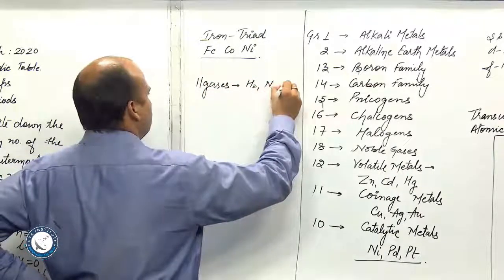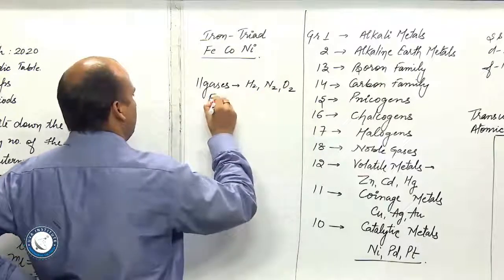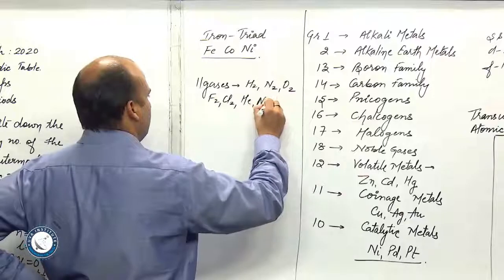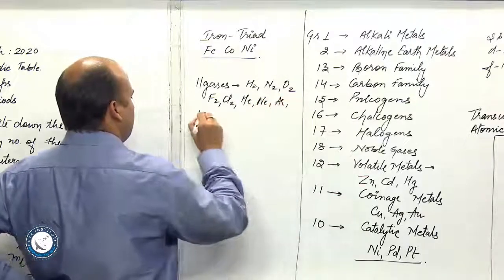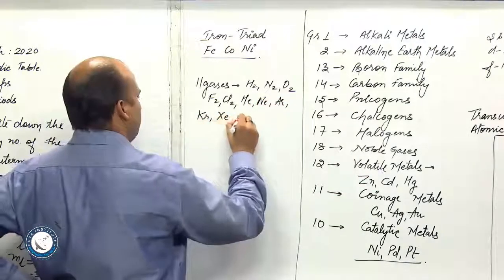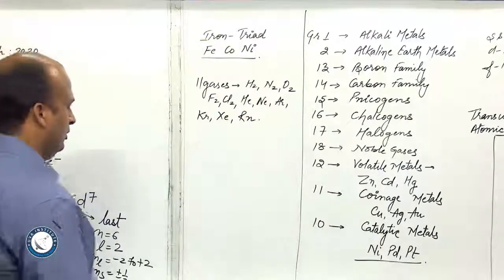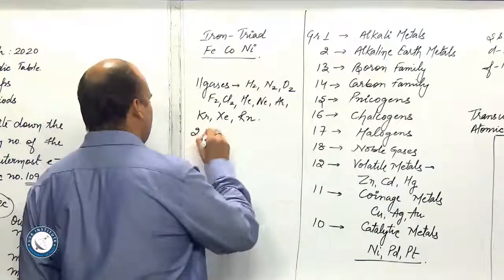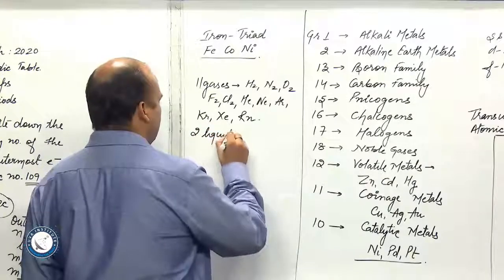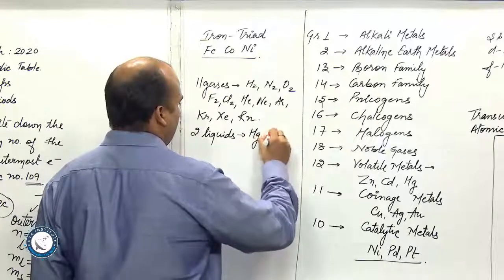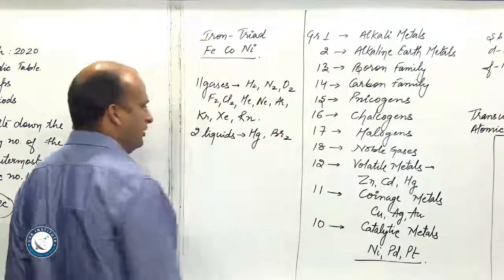There are 11 gases in the periodic table. Hydrogen, nitrogen, oxygen, fluorine, chlorine, helium, neon, argon, krypton, xenon, radon. Two liquids, mercury and bromine.